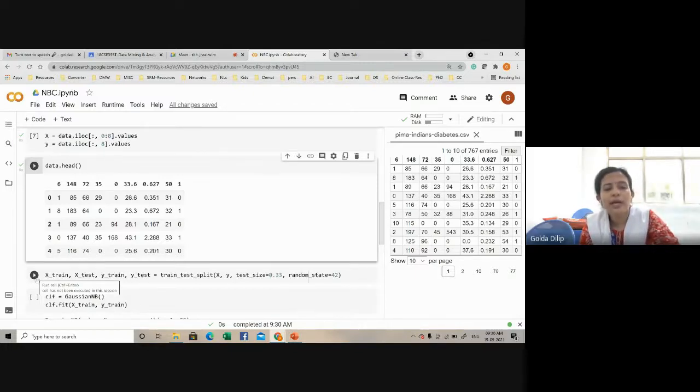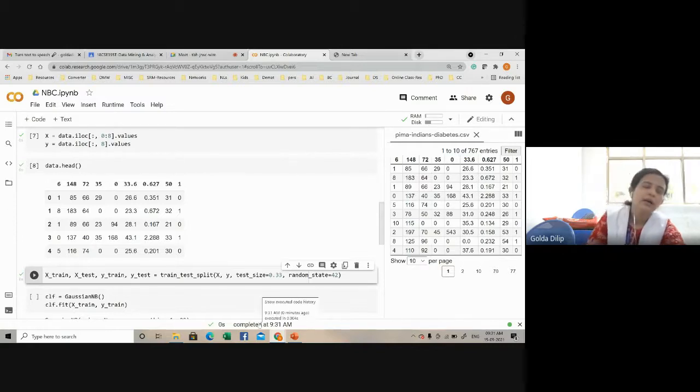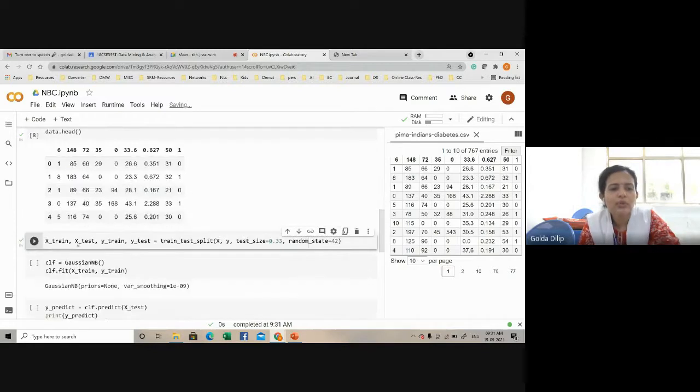For that we make use of train test split, a functionality provided by the sklearn library of Python. So that's what you have done here: split the data set into training and testing, where testing is for prediction purpose.